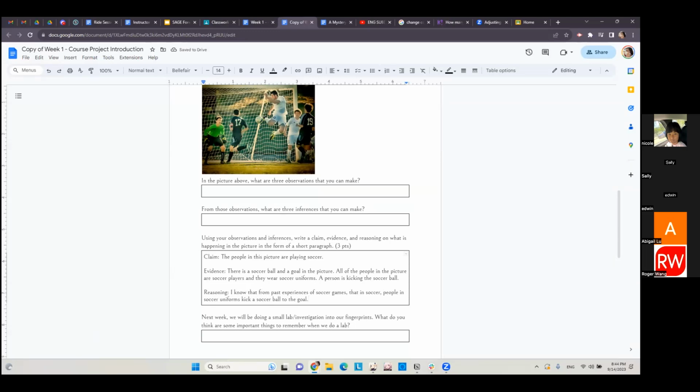So our reasoning would really just be, well, we've seen soccer games before, and that's how we drew this conclusion. And sometimes that is really all it needs to give. But this one is a pretty simple one.